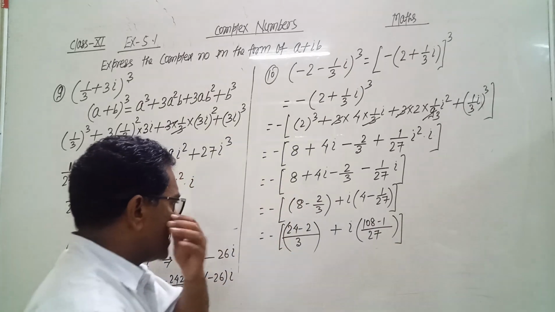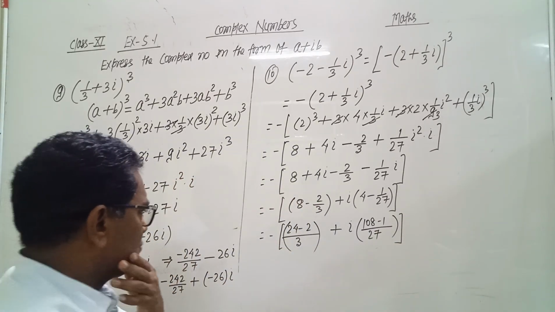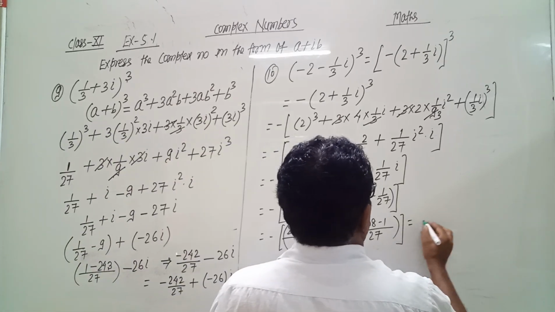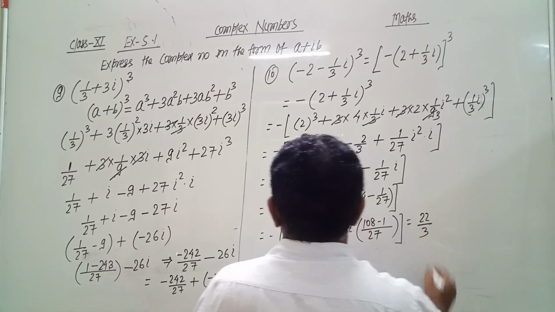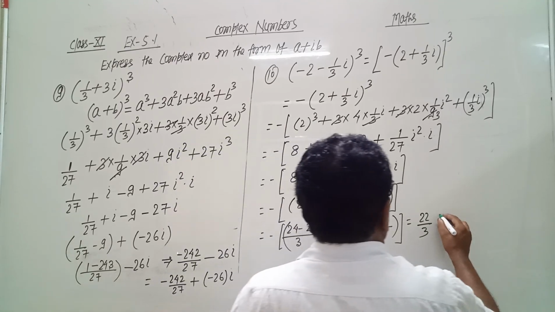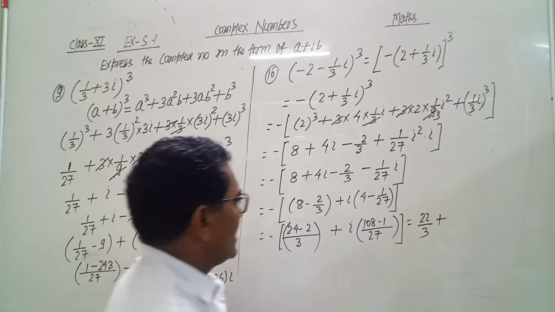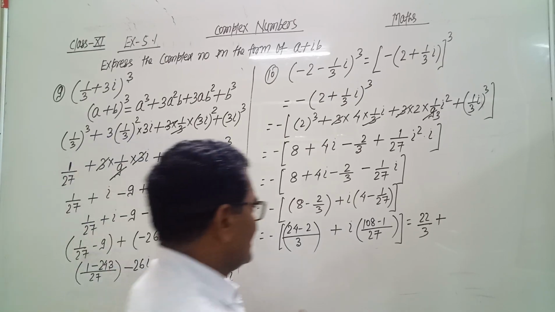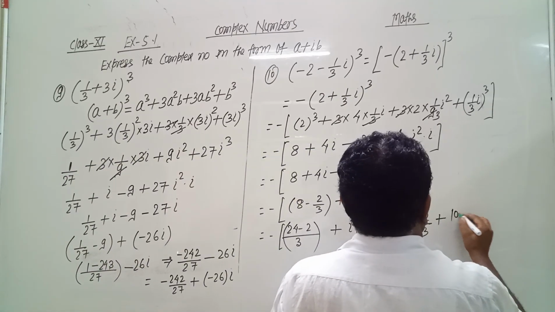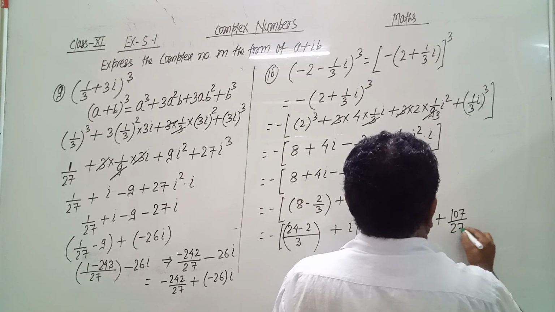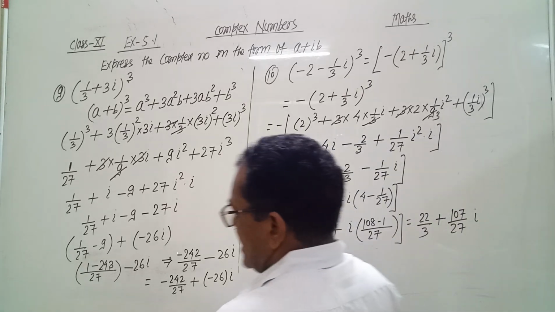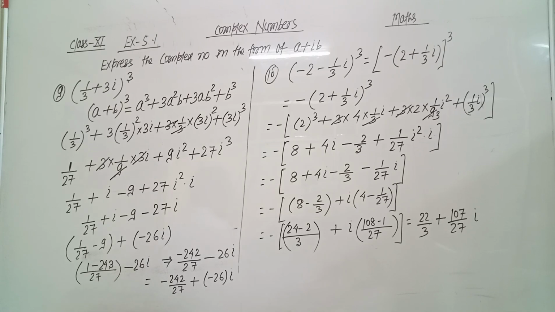So 24 minus 2 gives 22, so 22/3, plus 108 minus 1, 107/27 i. So the real part is 22/3 and the imaginary part is 107/27.